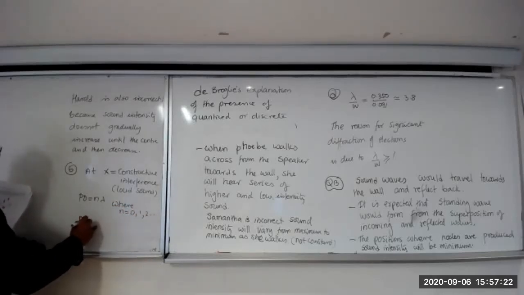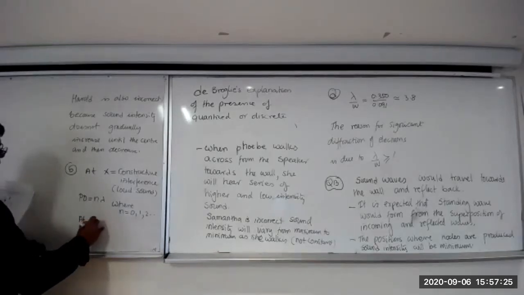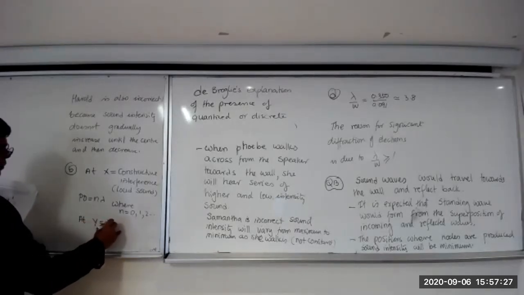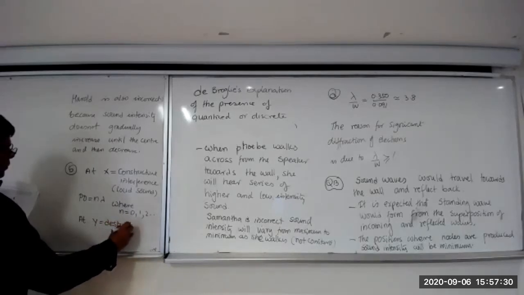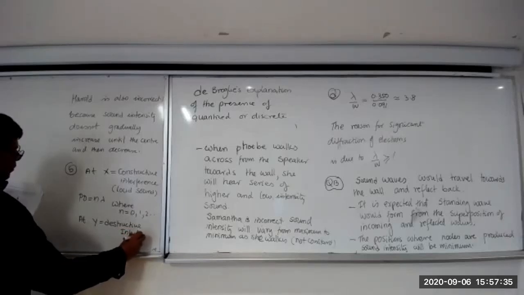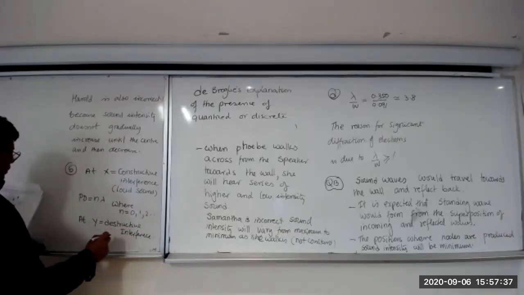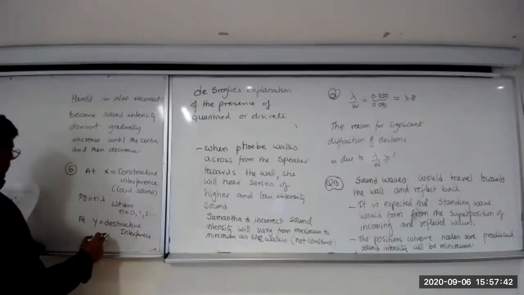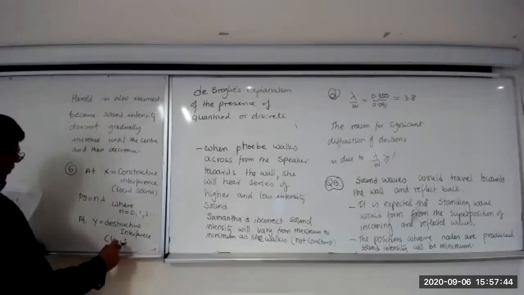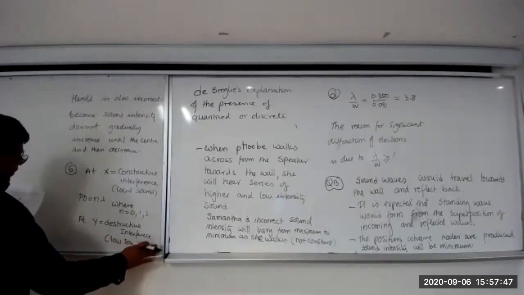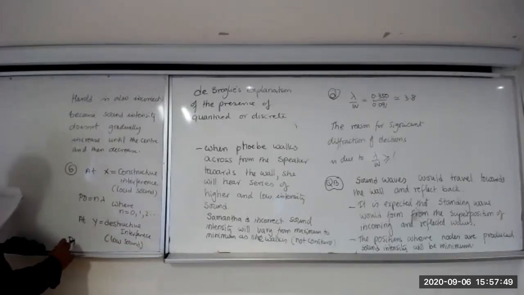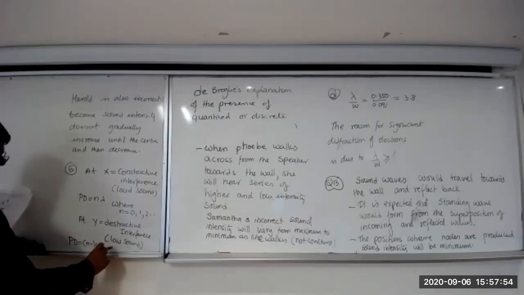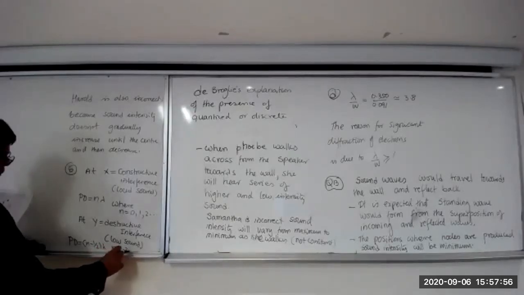At Y, destructive interference. There's some quiet sound, low sound. You get some reflection, so just say low sound. So the reason is path difference is equal to (n minus half) lambda, where n equals 1, 2, 3, and so on.